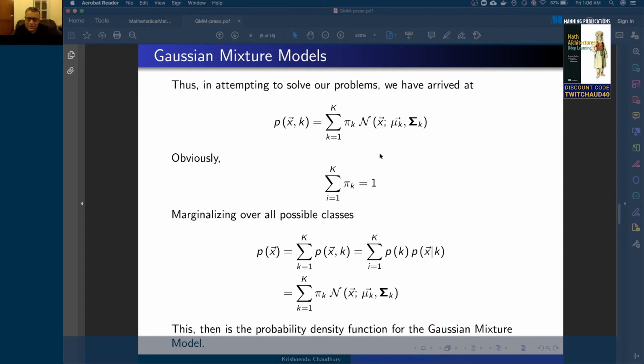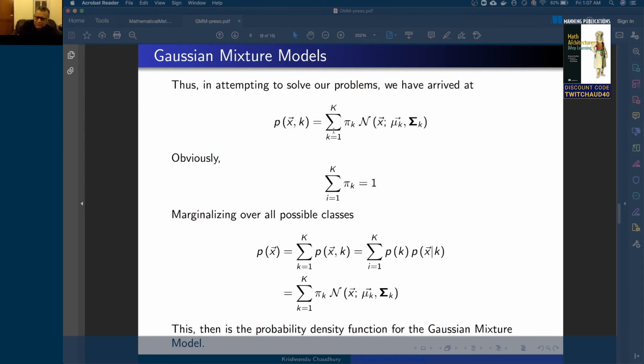If you remember, we can marginalize, that is sum over all the values of k, all the classes, which would give us the probability of x. And that is the probability distribution function for the Gaussian mixture model.